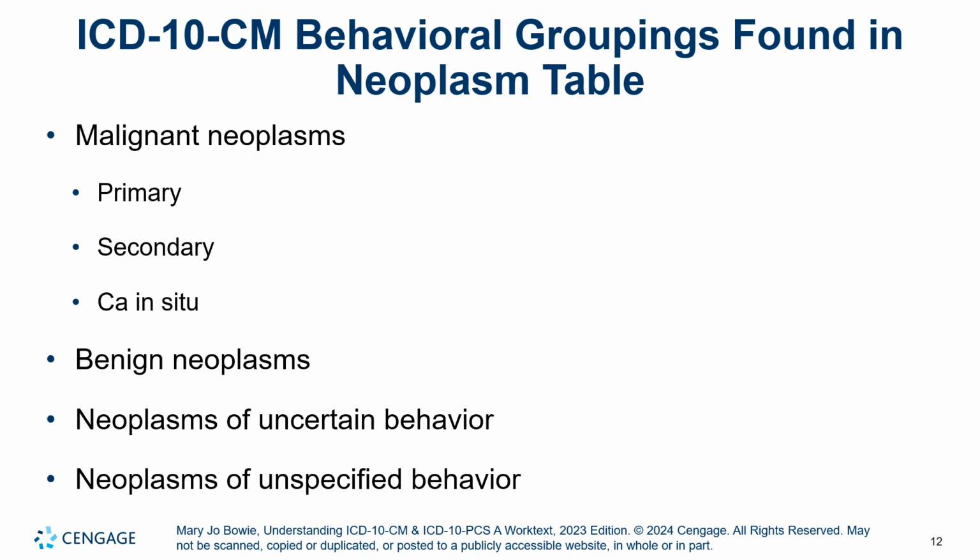On the left side is where you will find the site of your neoplasm, and then you're going to have to pick from one of the columns. Is it a malignant primary, malignant secondary, malignant carcinoma in situ, or is it benign, uncertain, or unspecified?